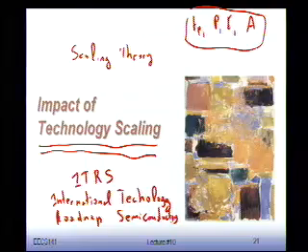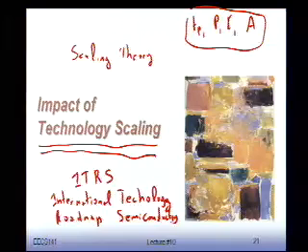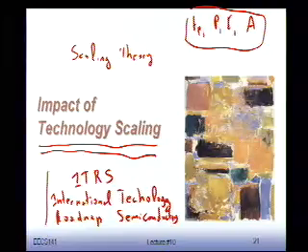And it's a bunch of Excel sheets. The bottom line is it's a whole bunch of tables, and they put equations down, and they say, well, if my transistor gets a little bit smaller, capacitor is going to go this way, the interconnect capacitor is going to go with that, the supply voltage is going to scale by so much, the threshold is going to be approximately like that. You plug it all in there, and you get a prediction of what your delay or energy could be. This is a very interesting document.